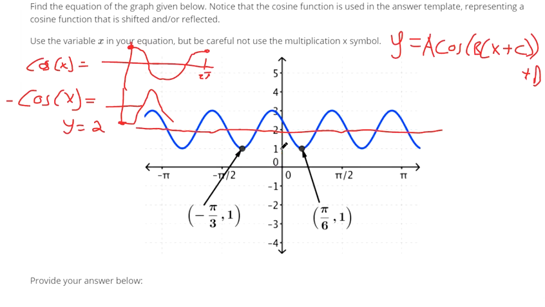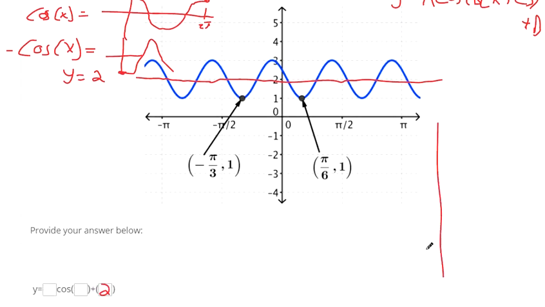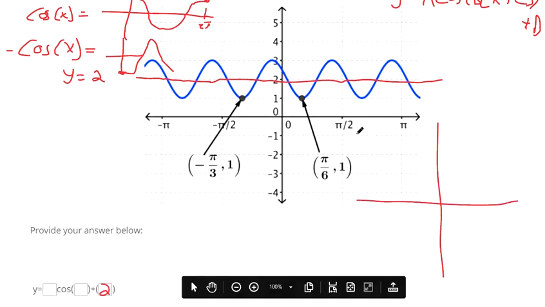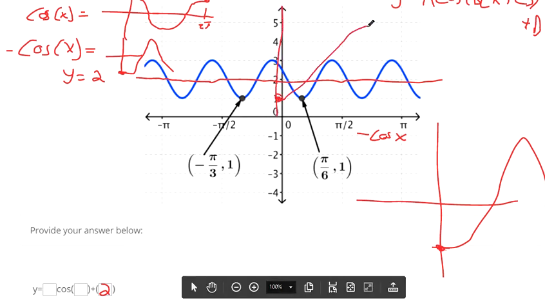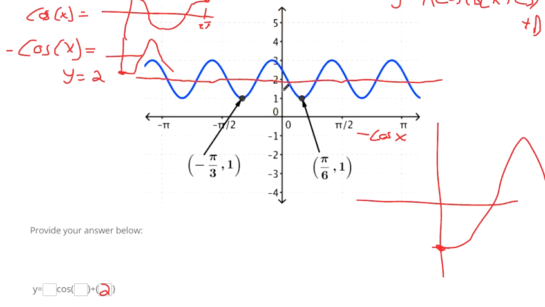Trying to think of a better way to explain that. Let me make that graph a little bit bigger. Here's negative cosine of x. Starts at -1, right? And then it rises and falls. So we don't start at the bottom on the y-axis, right? It's not starting here and then it rises and falls. It's actually shifted a little bit. There's two ways of thinking of it.